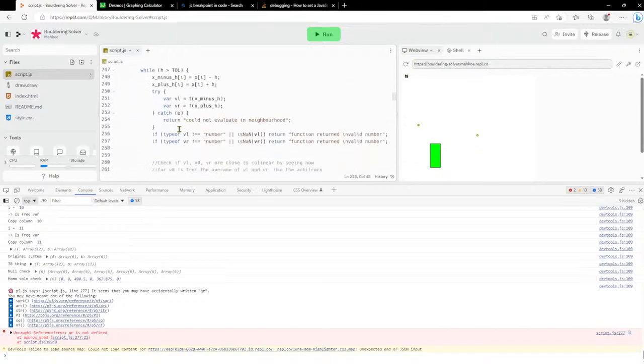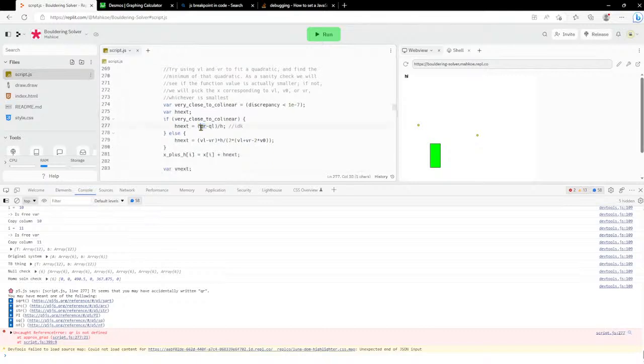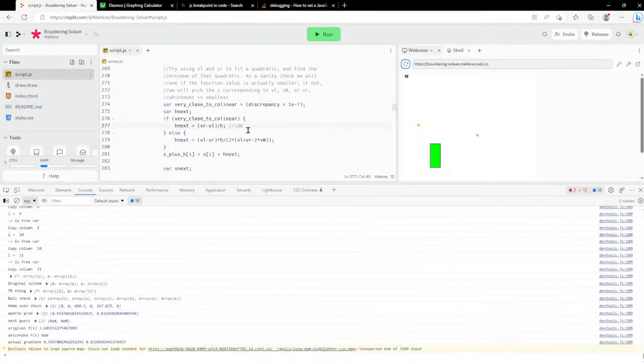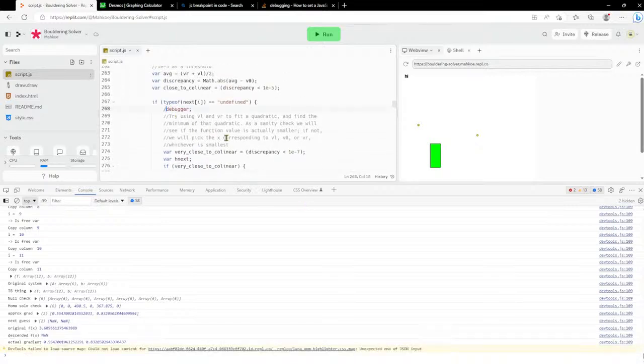That's what I get for using different symbol names in my scratch work versus my code. NaN? Why do we have NaN? Okay, we need to figure that out.